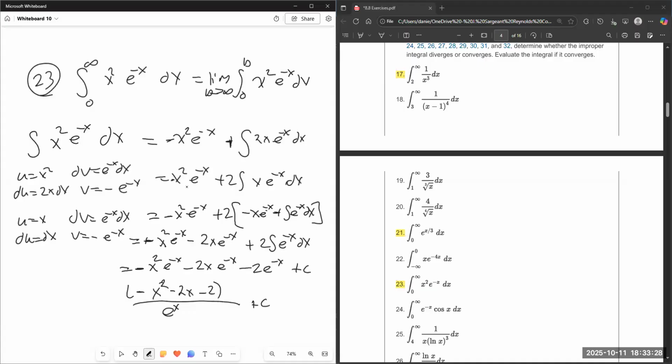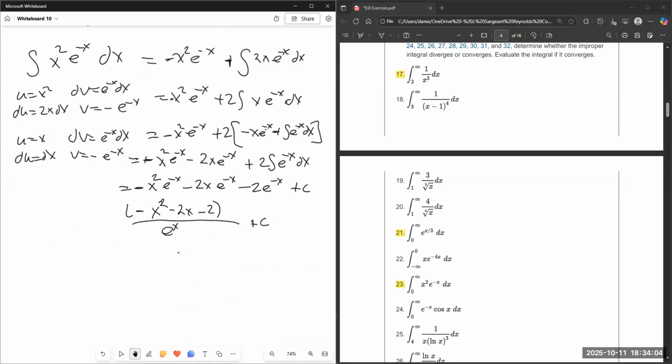And then minus the integral of v du, and those will make a positive. So that's a negative 2 and a positive 2, and then that becomes negative. So let's see here, I have an F of x that equals this. I want to find the definite integral now of this.